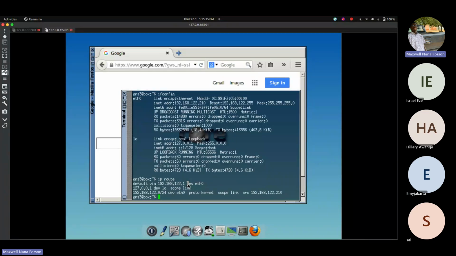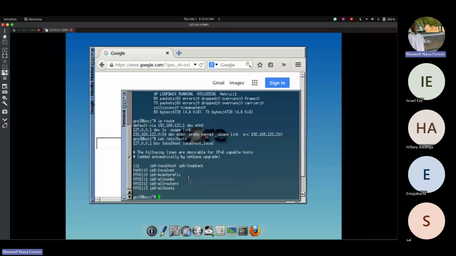The DNS that I'm using is the same as my default gateway. I can confirm that by doing something like cat /etc/hosts, right? Here I probably don't see that, but there's another command that we can use. But for now, let's hold on to that.